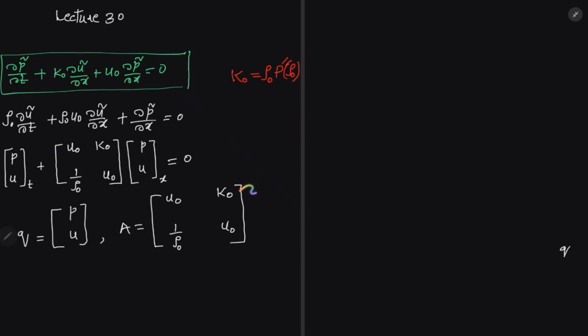When we have u naught, which was the initial speed, if it is not equal to 0, then we get this equation. But if u naught is equal to 0, then we can write A is equal to 0, K naught, 1 over rho naught, 0.